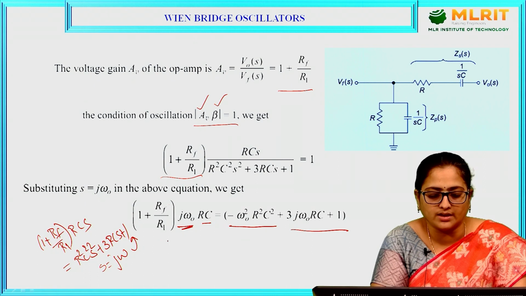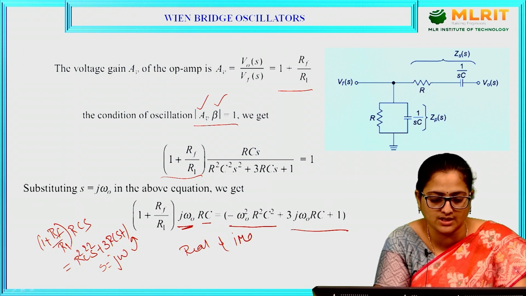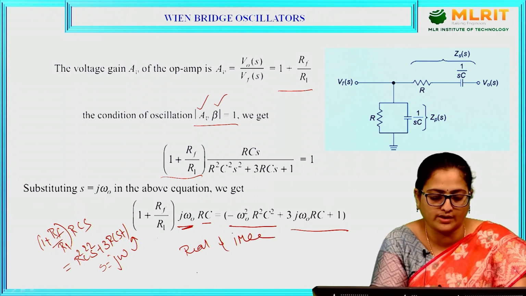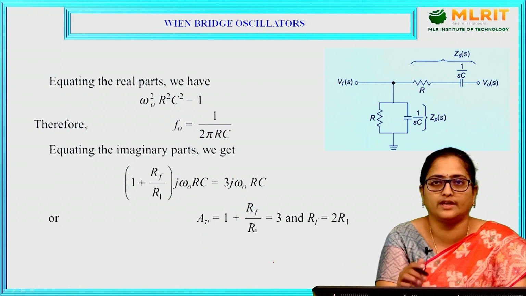If you separate this expression into real and imaginary terms, equating the real terms on the LHS and RHS you can determine the frequency, and equating the imaginary terms you can determine the gain of the circuit.